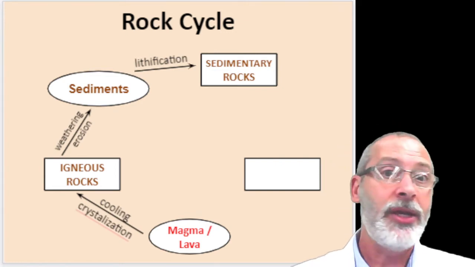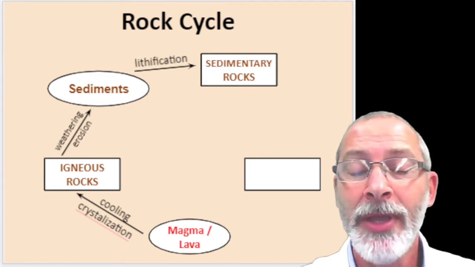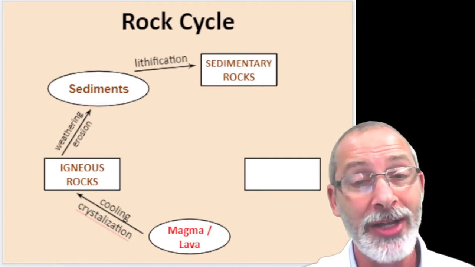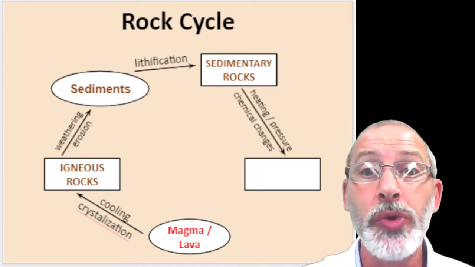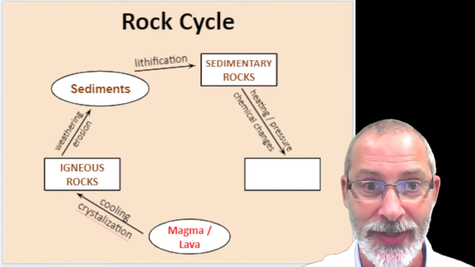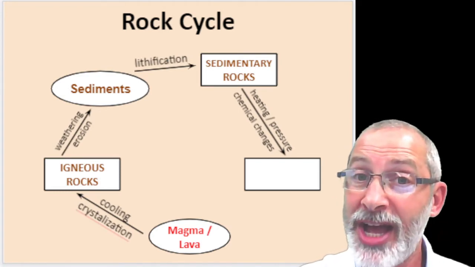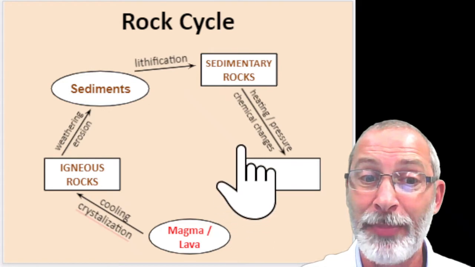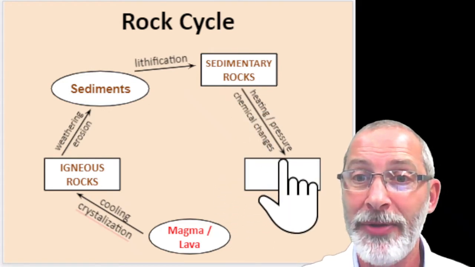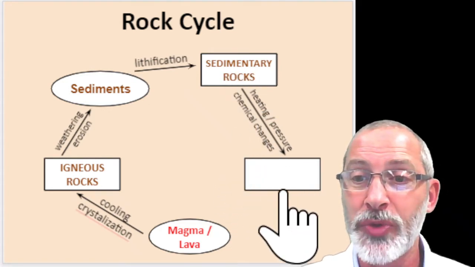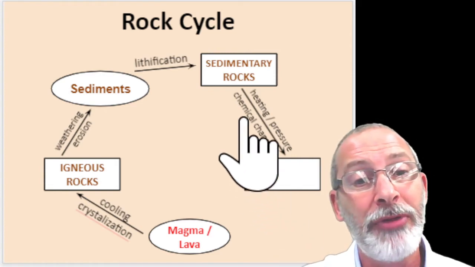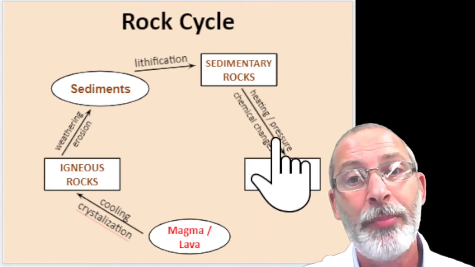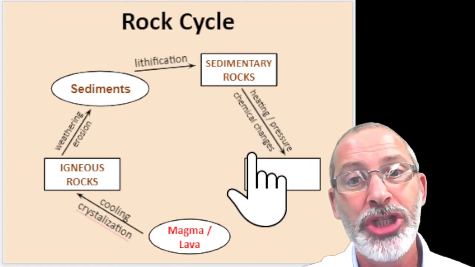Yeah. But here's the deal. We're not done yet, because sedimentary rocks, as cool as they might be, can undergo changes. And there are different kinds of changes that can take place as you're drawing this arrow from sedimentary rocks to our third rock group. And along your arrow, you could be writing heating, pressure, and chemical changes.